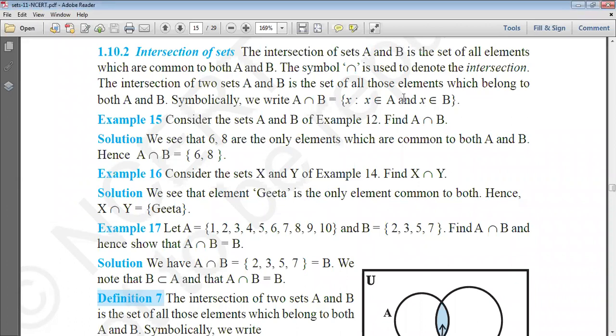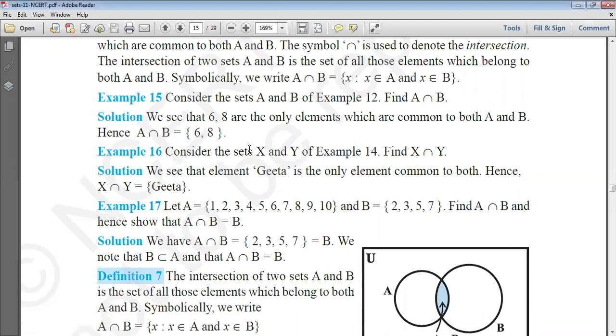In union it is or, because union is the collection of all elements of A and all elements of B. So here it is and in intersection, simply the collection of the common points.